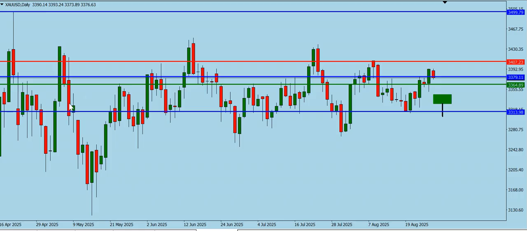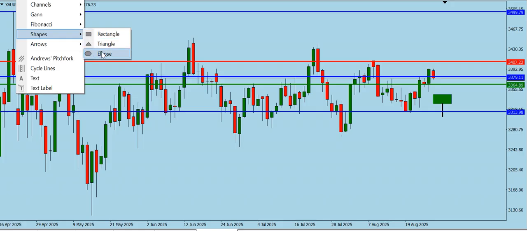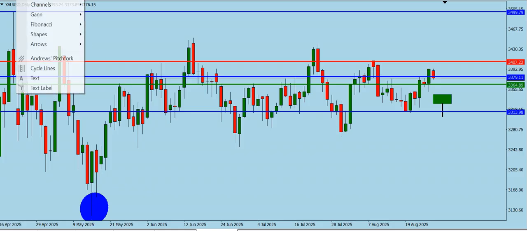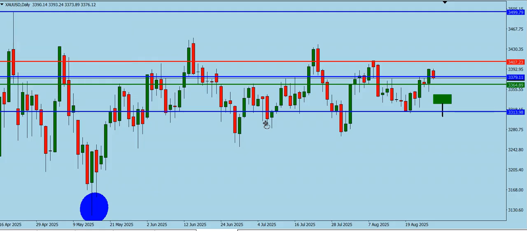But for now, one thing is established, which is the fact that we have a low here. We have a low here, we have another low here, another low right here on the daily time frame.